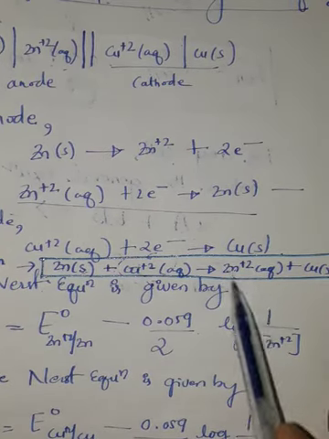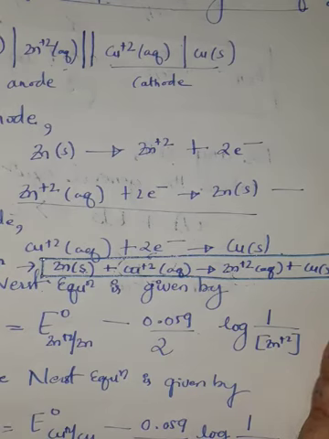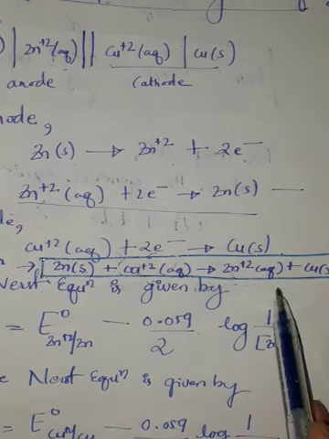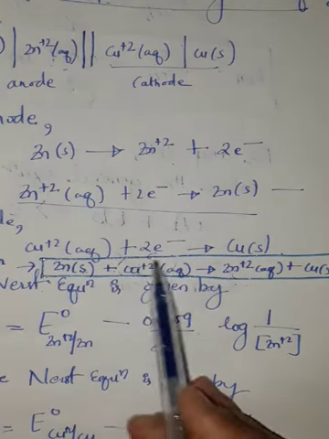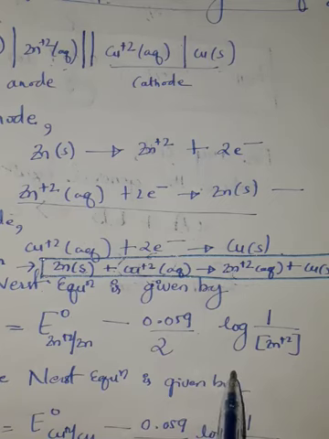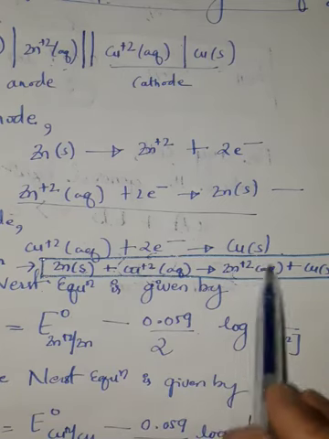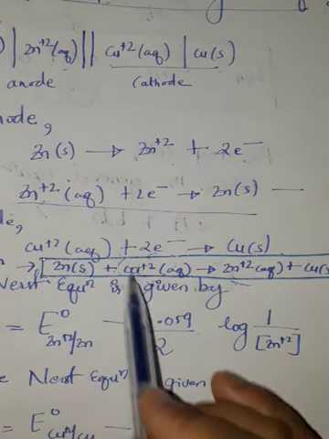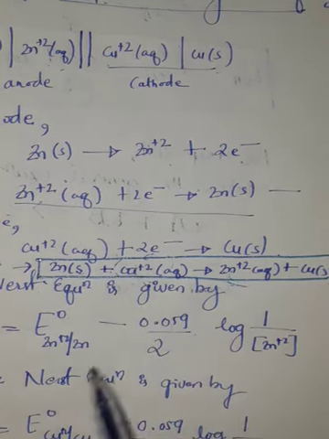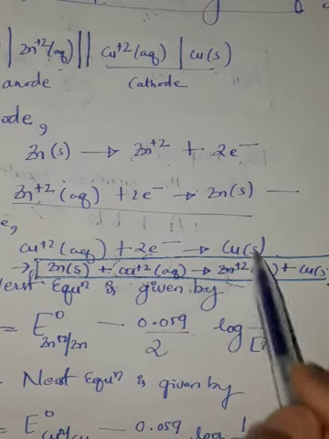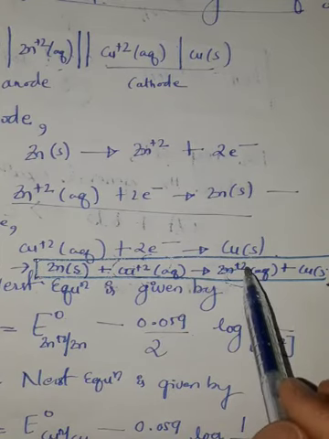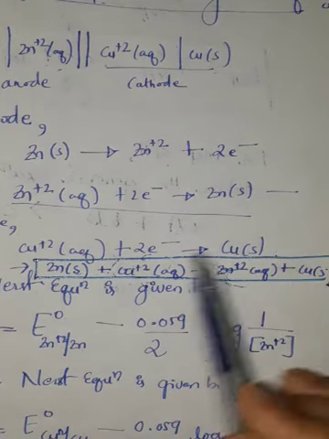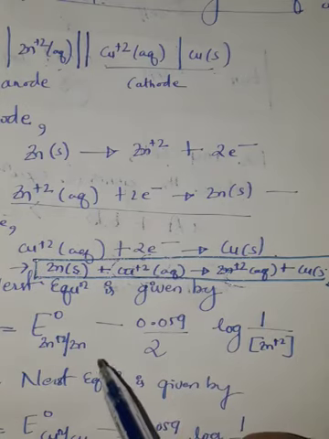Now zinc ion is on the right side. Every time, the ion on the right side goes in the numerator and the ion on the left side is at the denominator. The electrolyte of the anode is in the numerator, and the electrolyte of the cathode is in the denominator.